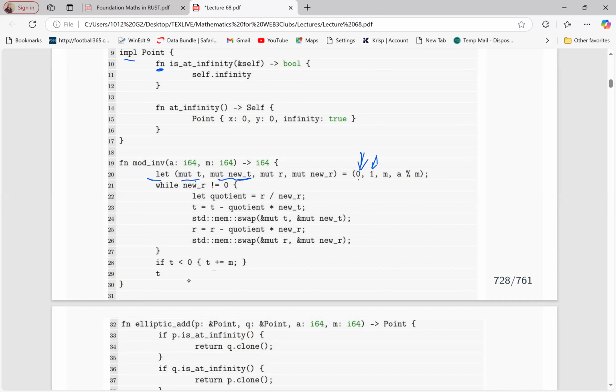Let r be mutable, initialize at m. New r is mutable also, initialize it at the remainder of a on division by m.